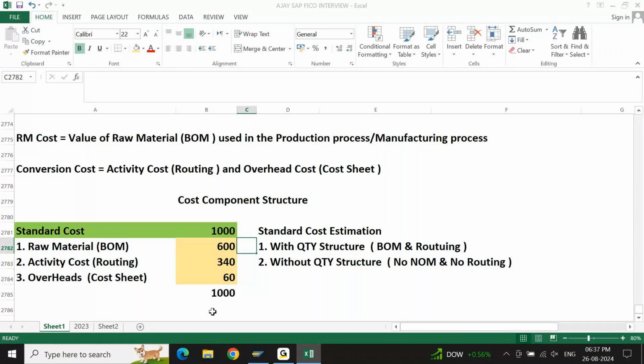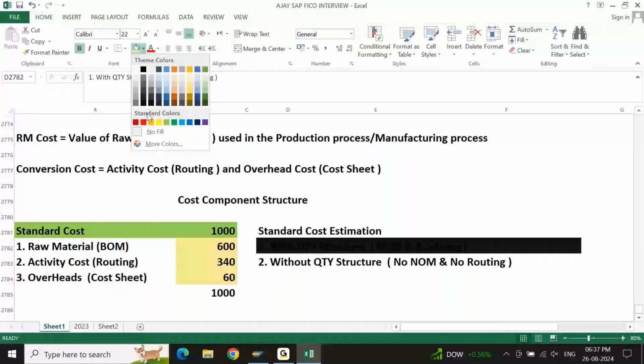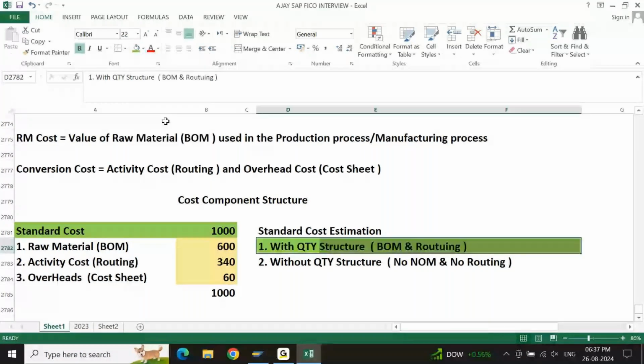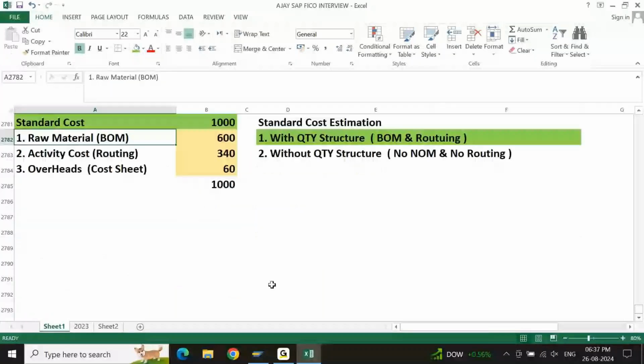Now our cost estimation is with the quantity structure, point number 1 in this example. Okay, this is our example. Now, if you look at it, you are able to see material standard cost or material standard estimation is 1000.